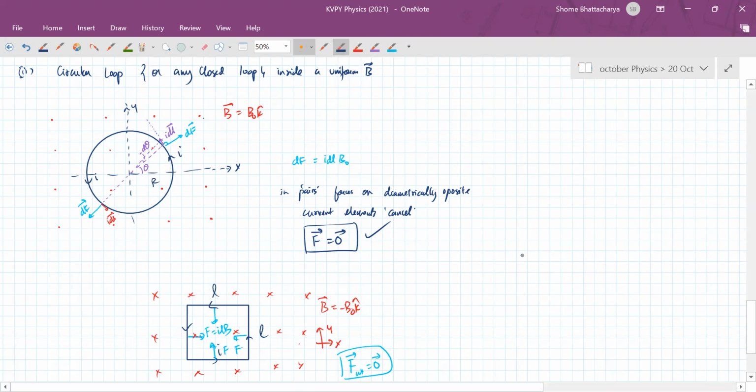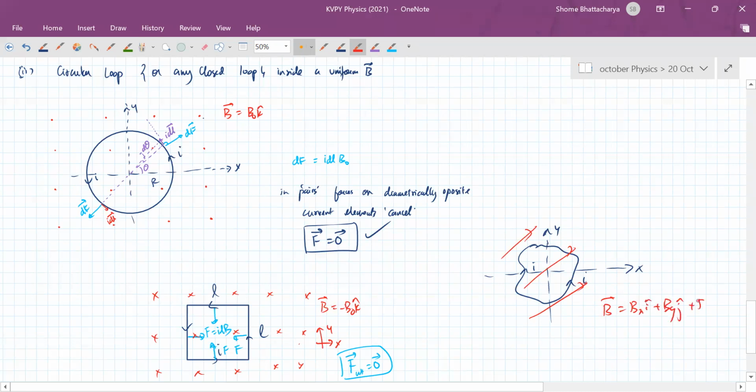Now using these, we can extrapolate that we have any kind of closed loop carrying current I like this, lying in the XY plane. And the magnetic field could be anything, it need not be the same. So B could have all components, Bx I cap plus By J cap plus Bz K cap, but it's uniform.